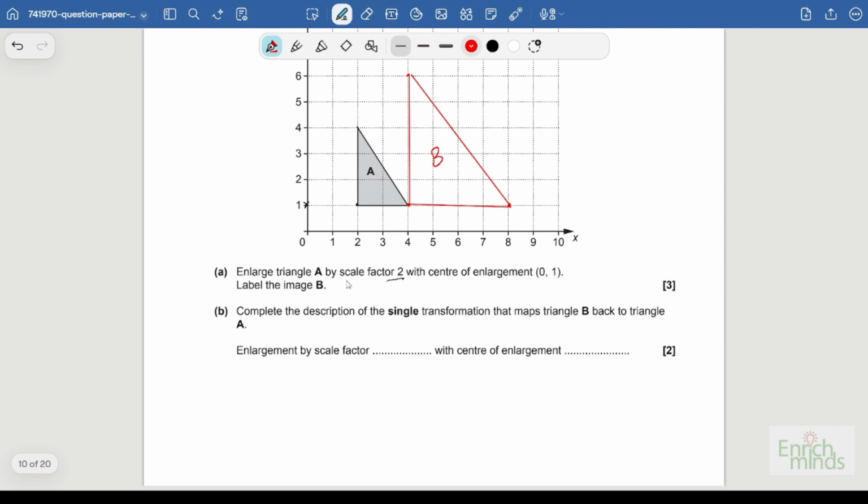Initially, it was enlarged by a scale factor of 2. Now it will be enlarged by a scale factor of half, because every side, like 6 units, is being reduced to 3 units. So it has undergone a reduction, a scale factor of half. But the center of enlargement will remain the same. So that will be 0, 1 only.